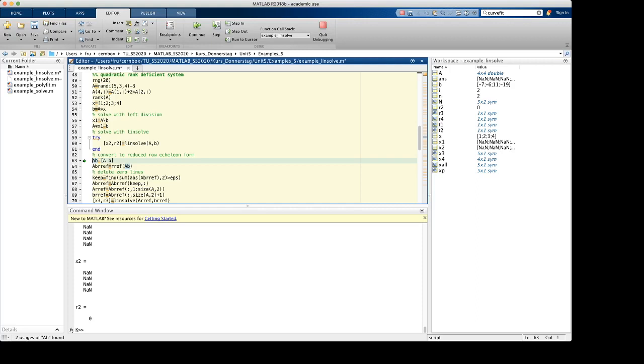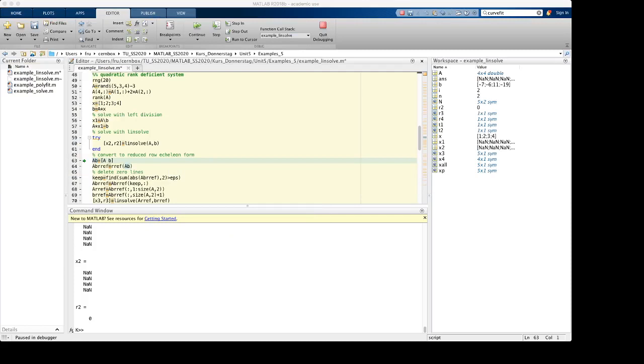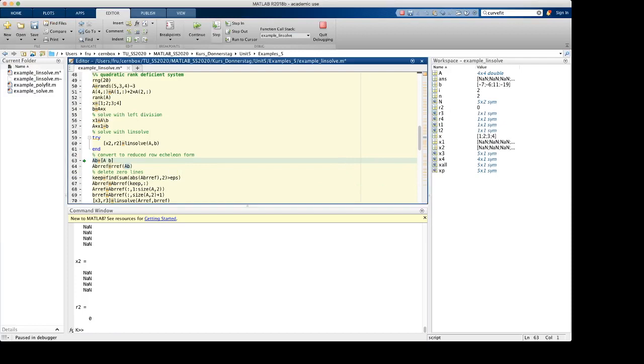We have to convert the system to the so-called reduced row echelon form, which is achieved by the function rref for reduced row echelon form. We create a matrix AB, which is just the concatenation of A and B. So B is put next to A. Let's have a look.